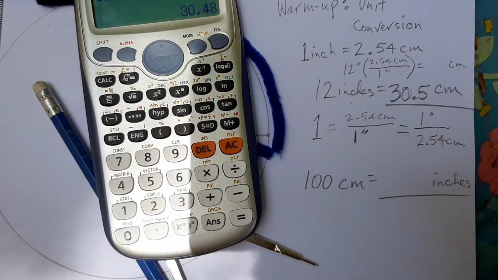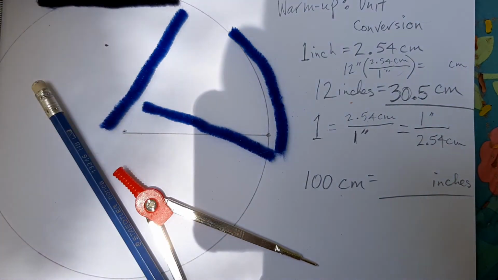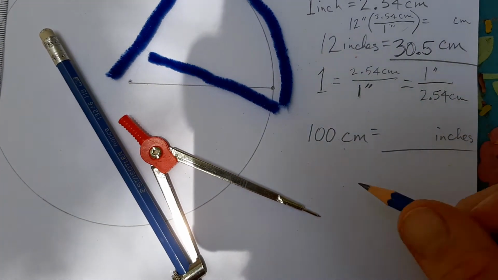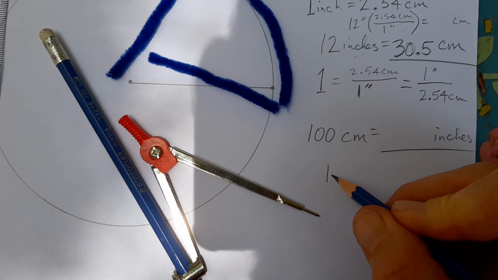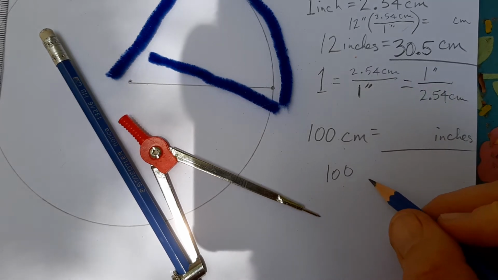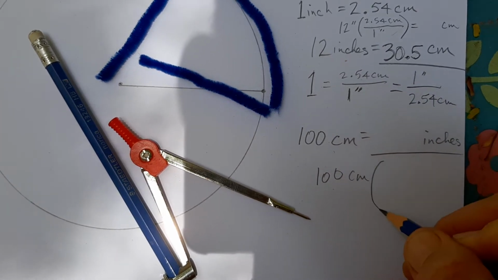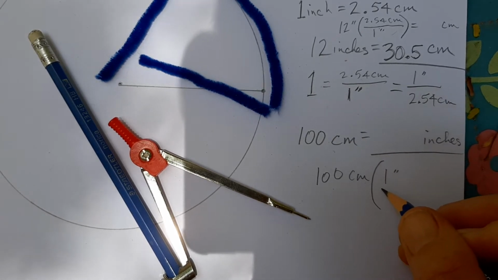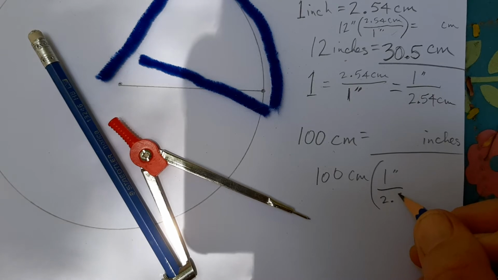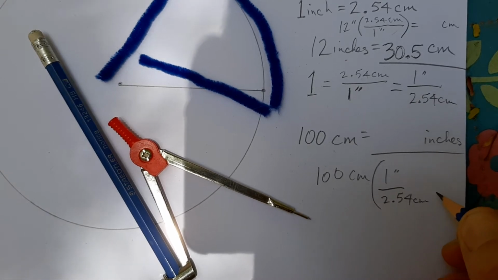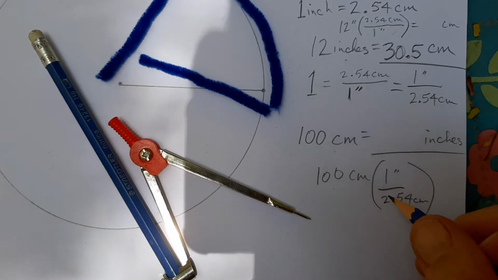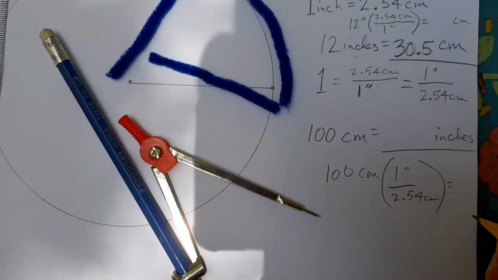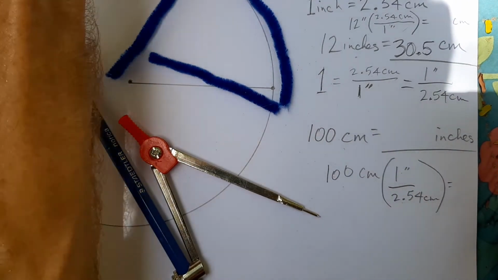Okay, so let's convert the other way. You just pay attention to your units again. I want to go from centimeters to inches, so I want my inches part of my conversion on the top. 100 centimeters times, I want the inches up top, so 1 inch per 2.54 centimeters. So this time I'm dividing by 2.54, right? 100 times 1 divided by 2.54.